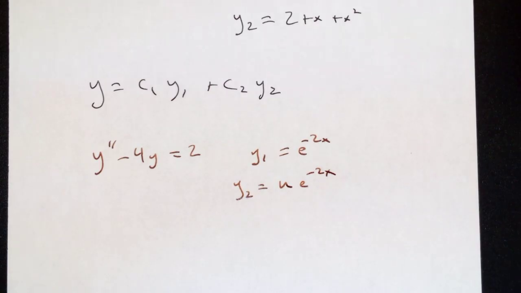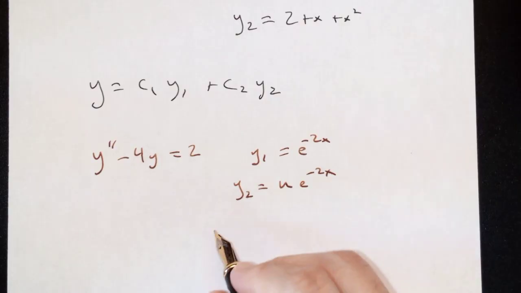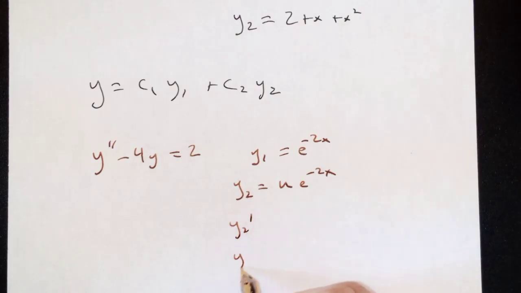By the way, I will find the corresponding particular solution for the non-homogeneous part along the way for free. What is y2 prime and y2 double prime?